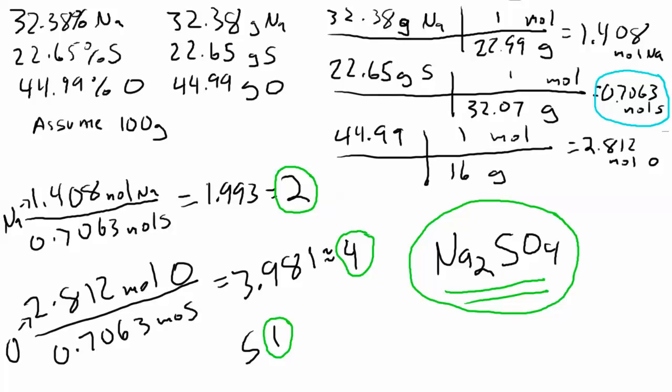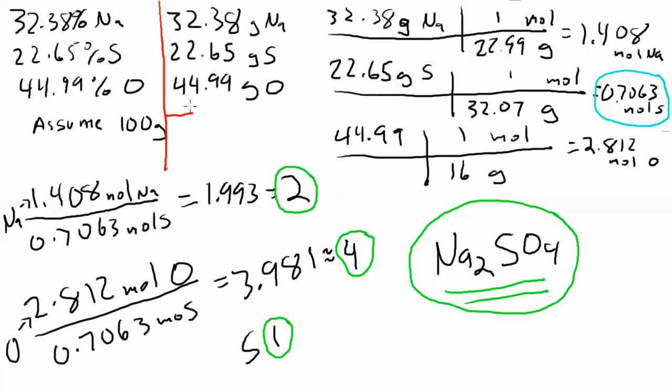Now you're not always given percentages, but actually that's a good thing, because sometimes a problem might just give you grams, masses. If you encounter a problem that just gives you masses, they've done some of your work for you. They're basically starting right here.